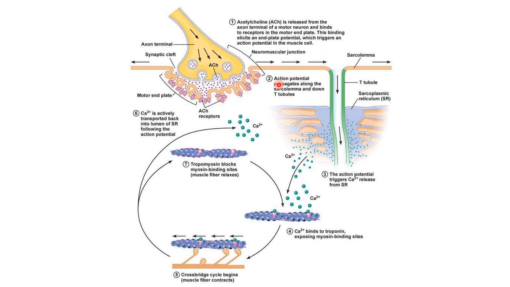Then the action potential formed will be propagated along the sarcolemma down to the T tubule. This is the T tubule. This action potential triggers the release of Ca2 positive ions from the smooth endoplasmic reticulum. These calcium ions will bind to troponin on the actin filament, and this will result in exposing the myosin binding site on the actin filament.